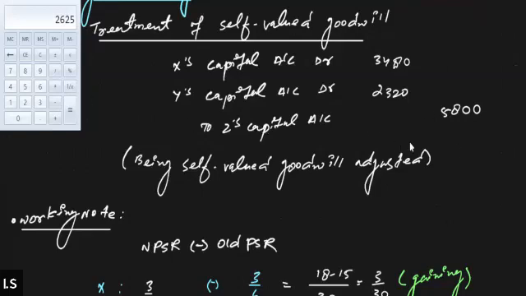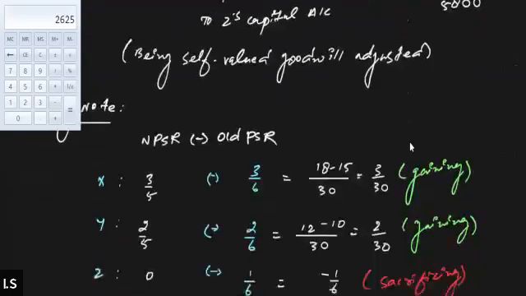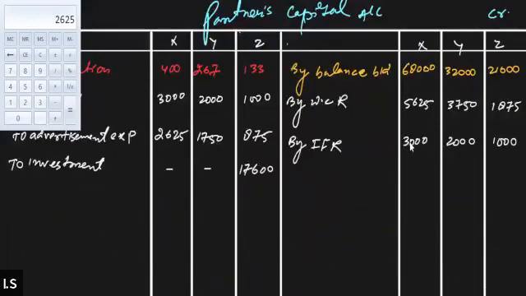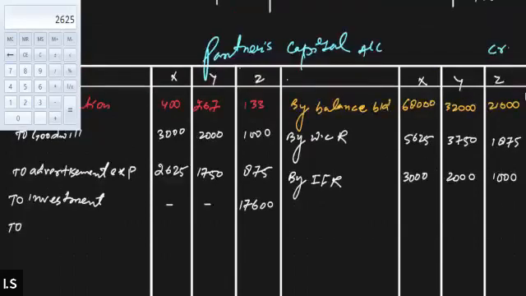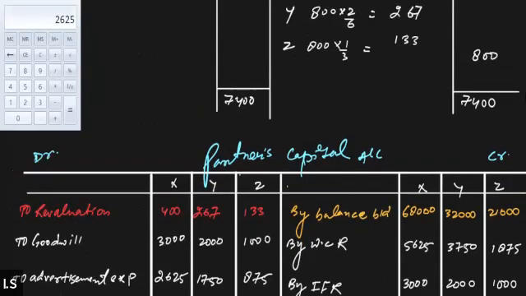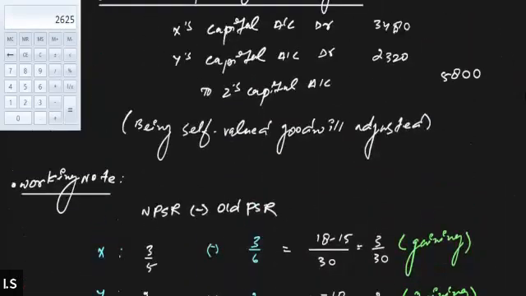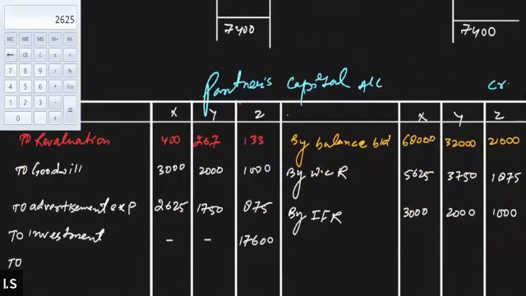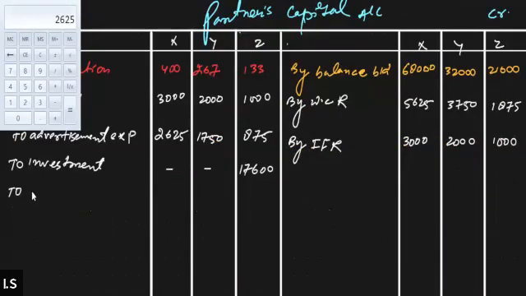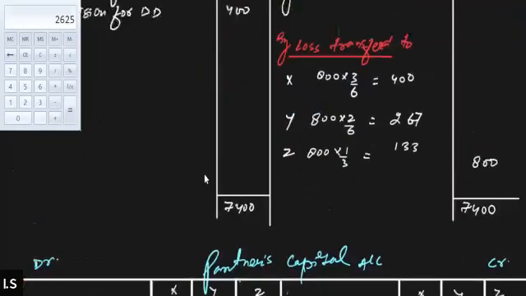So we will go to the debit side of the partners' capital account and write down to capital account Y. Z is retiring now, okay, correct. So that means to Z. The same amount will be written here.